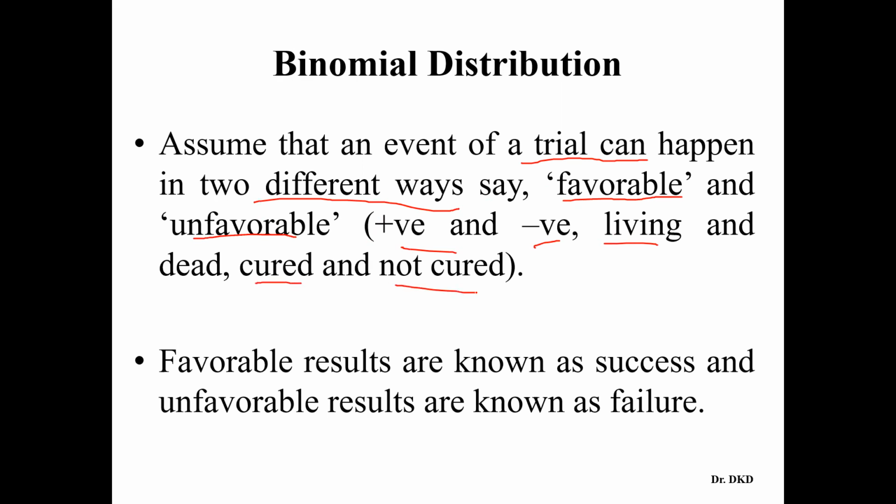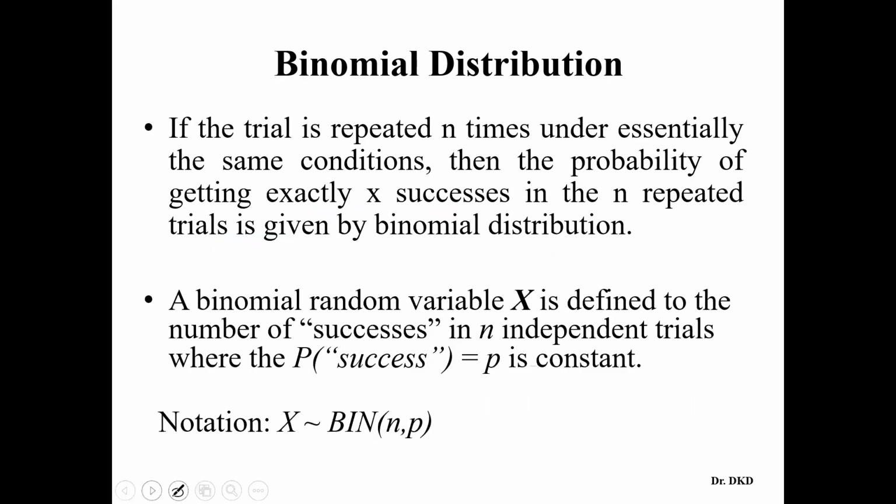So two outcomes happen. Favorable results are known as success and unfavorable results are known as failure. So we need to understand what is the success and what is the failure.